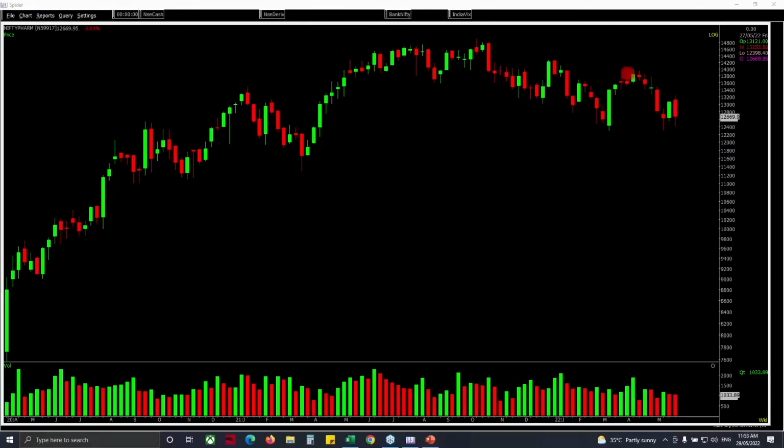So if we do not breach this level and consolidation continues, then on a breach of this level, a down move up to this range can be expected as per the pattern, and on a breach of that level we might see a further down move.